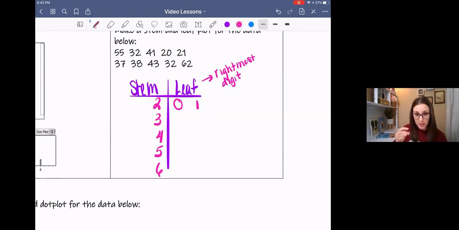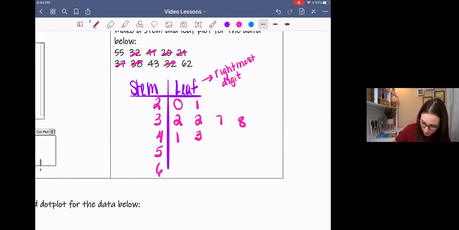And then I'm going to keep the same spacing on my next one. I'm going to mark those out because I've used them. We have 32, 37, 38. And then for the 40s, we have 41, 43.